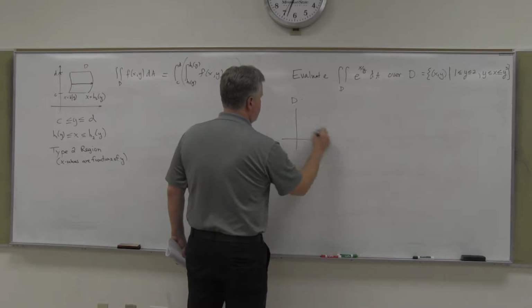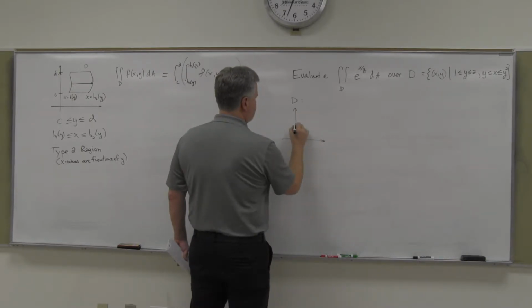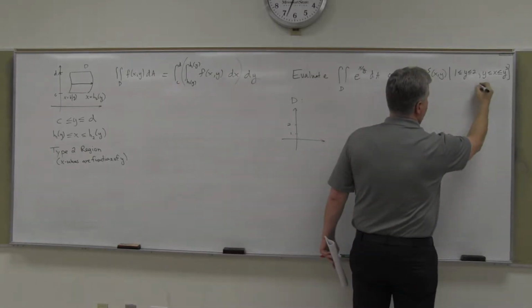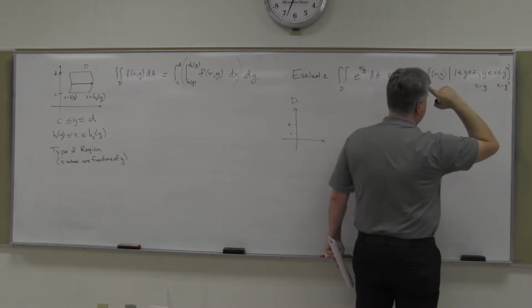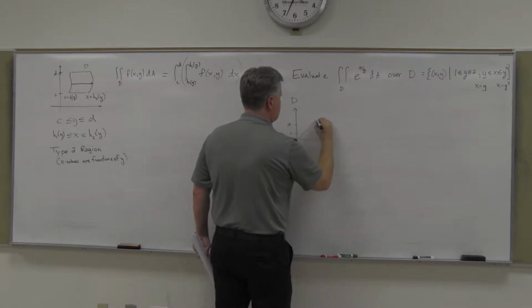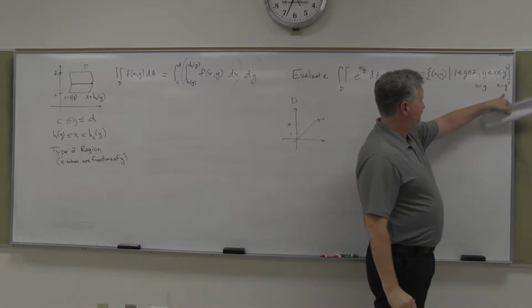All right, so in this particular case, we're going from y equals 1 to 2. Now, the two functions here are x equals y and x equals y cubed. And that one's easy. Y equals x is this. Or x equals y, and then x equals y cubed.